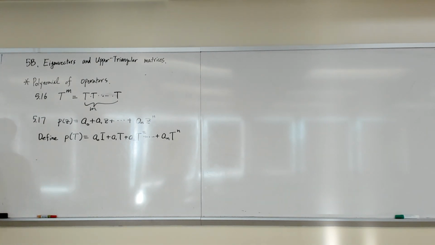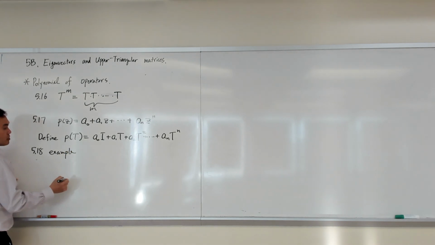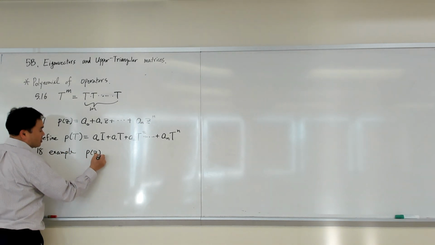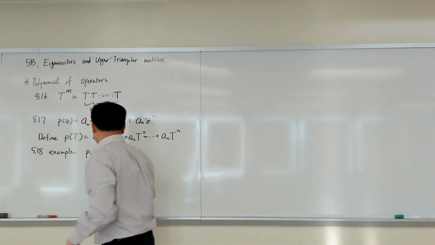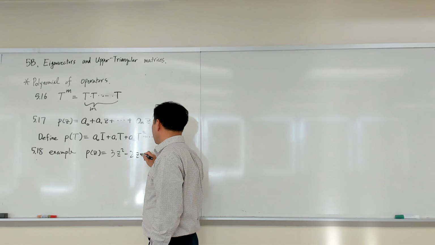Okay, so an example. Suppose, just think of P of Z as, say, 3z squared minus 2z plus 1.